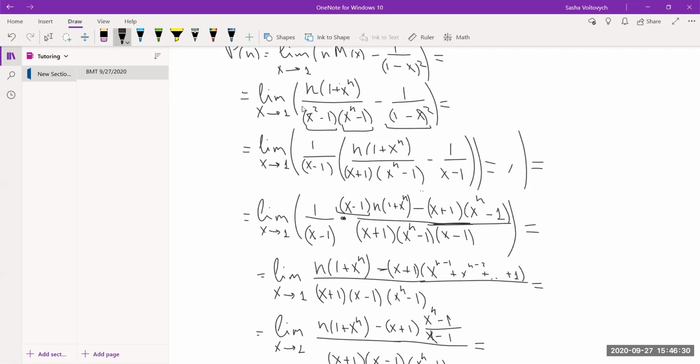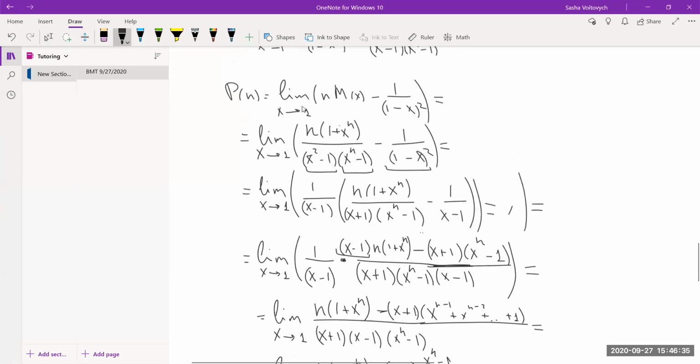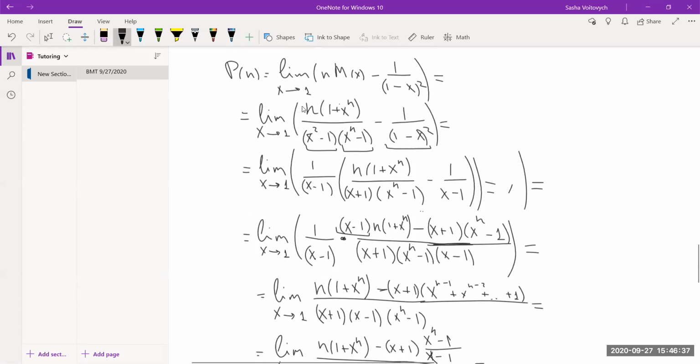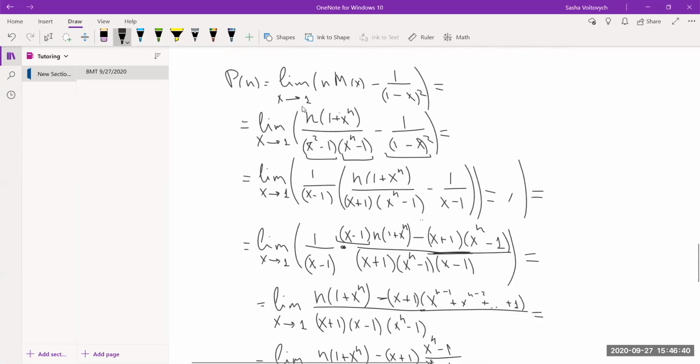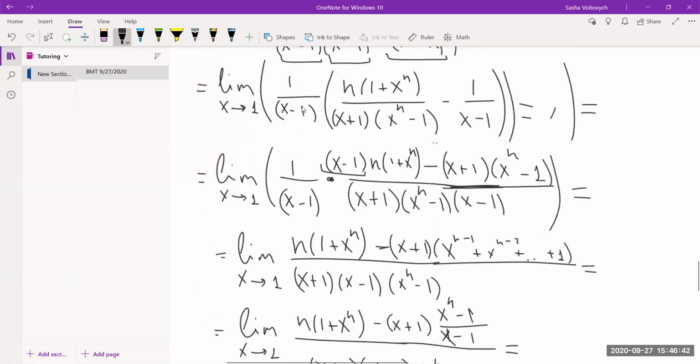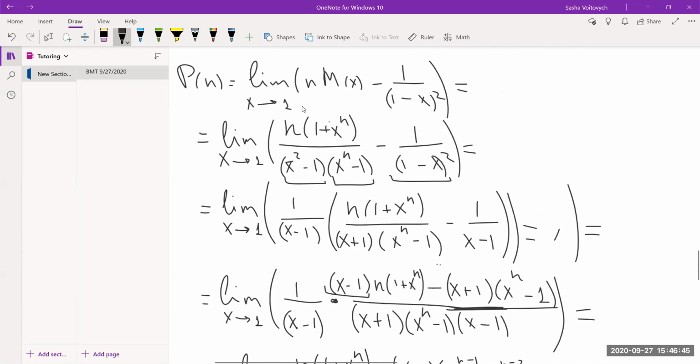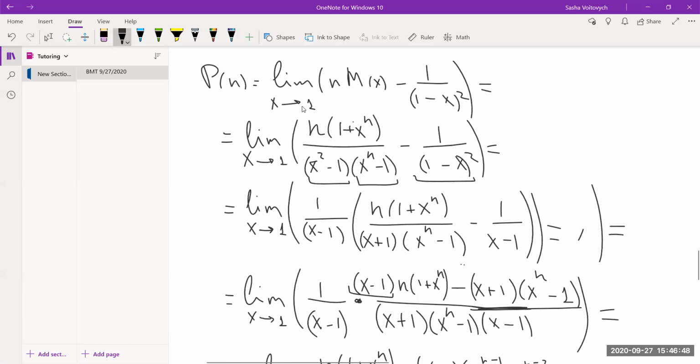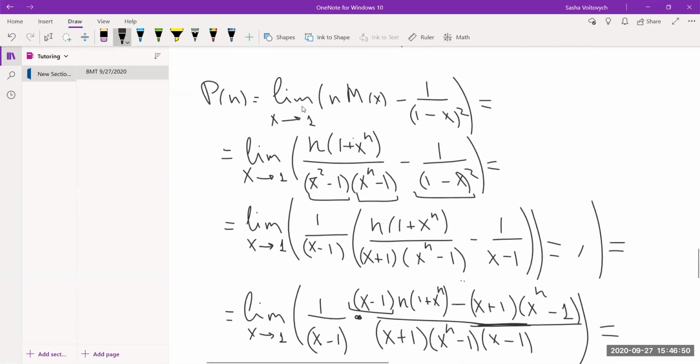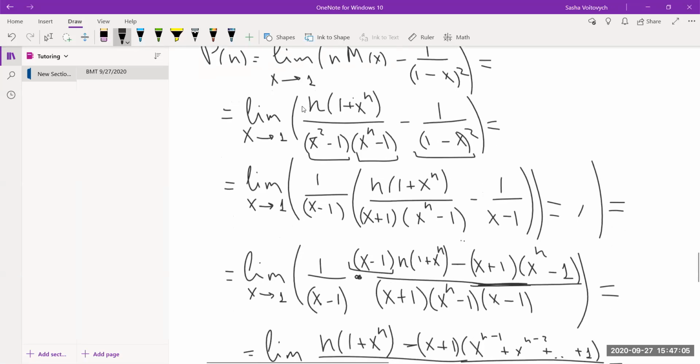All right. I'm thinking we can cheat because, okay, if P(n) is this, we're just interested in finding P(0). So we can just plug in n equals 0 into this. No, never mind.